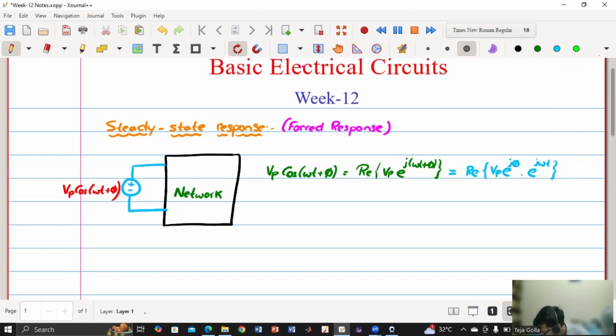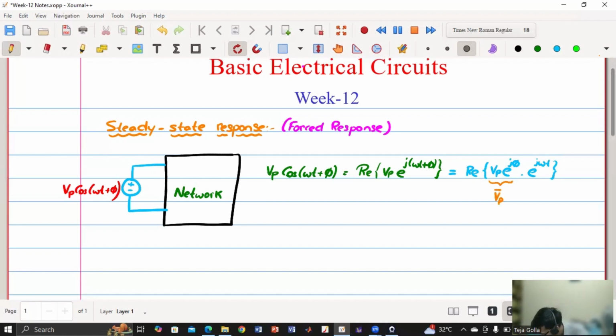So this is a complex number, because it is Vp into e to the power j phi, but it is not a function of time. So I'm calling it the Vp phasor. When I say Vp phasor, it means it's a complex term.